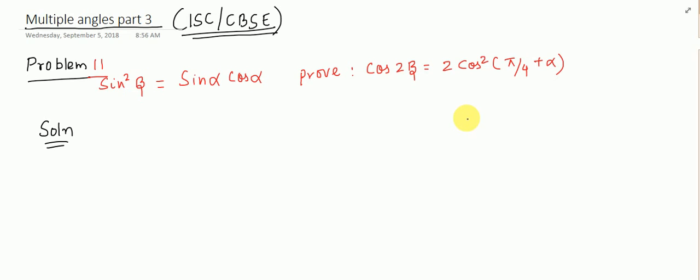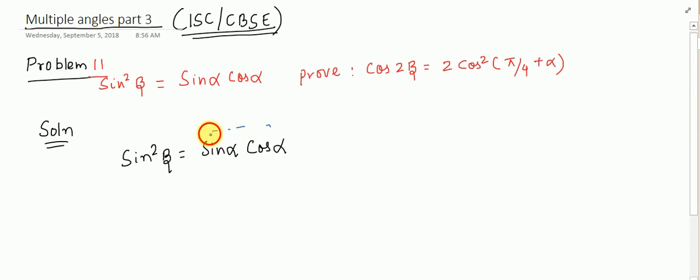So as soon as I see sine square beta, it has been given to me as sin alpha cos alpha. As soon as I see this part, something pops into my mind that this can be written like this: 2 cos alpha sin alpha, and I can write sin 2 alpha by 2.